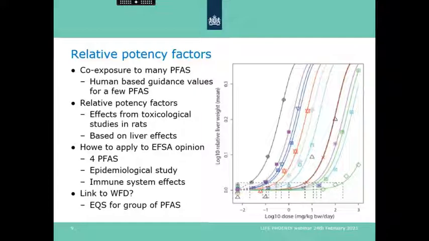These relative potency factors were developed from toxicological studies in rats. So these are all 28- or 90-day toxicity studies in rats, and they are based on liver effects.